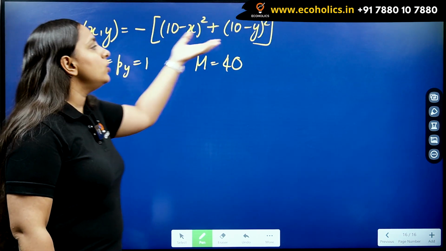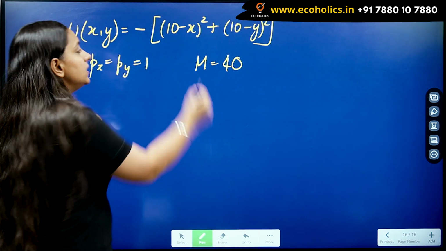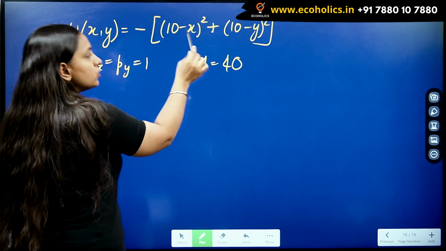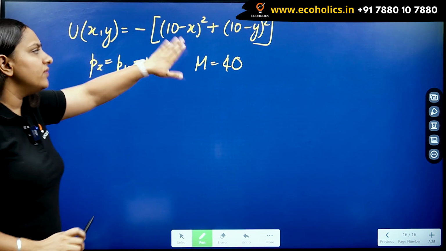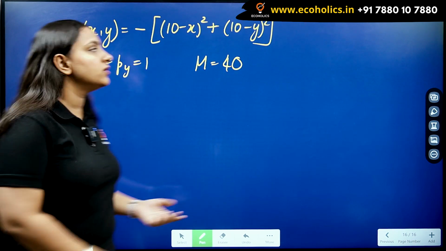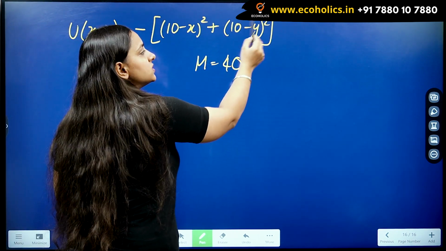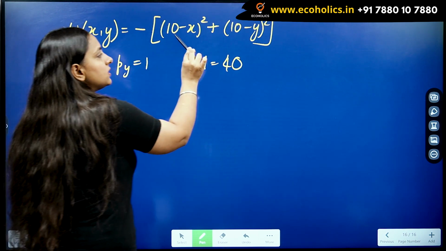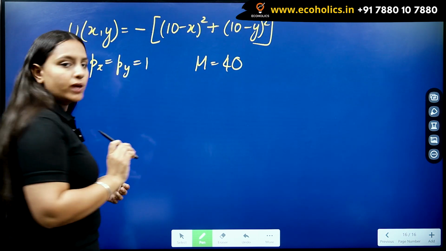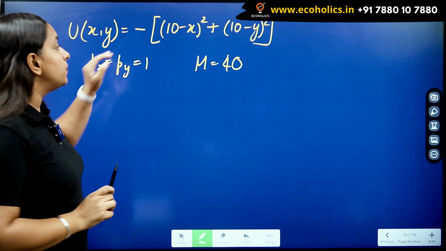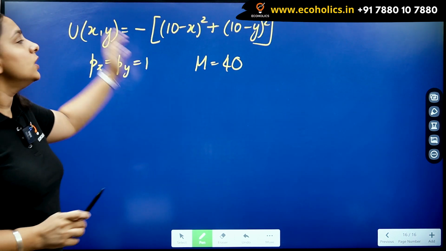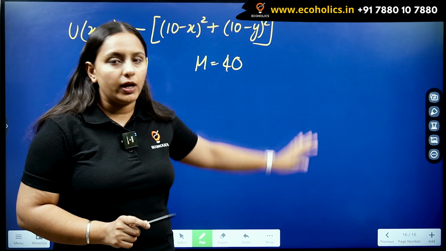And if I have a look at the terms inside the bracket, this is a square of something. So whatever is the value of X, even if this difference comes out to be negative, the square is going to make it positive. This term will also be positive always. So it means the terms inside the bracket together will always be positive. But because I have a negative in front of it, the utility will always go to negative.